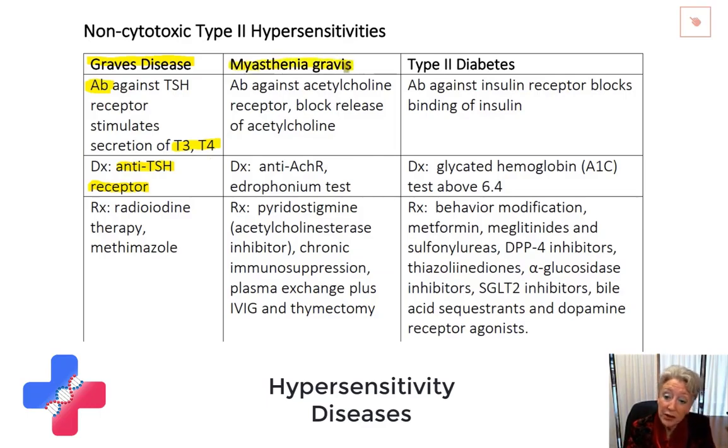Myasthenia gravis is a complementary concept, but now we're talking about antibodies against the acetylcholine receptor. So in this scenario, I'm going to cause the motor end plate to be called on to release acetylcholine continuously, because again, the antibody doesn't give and take the way normally the receptor site would be operating.